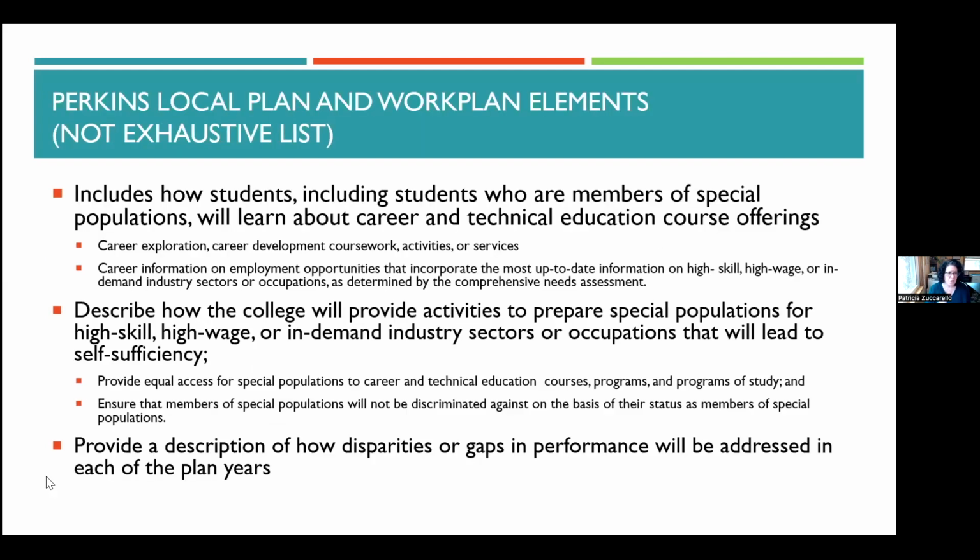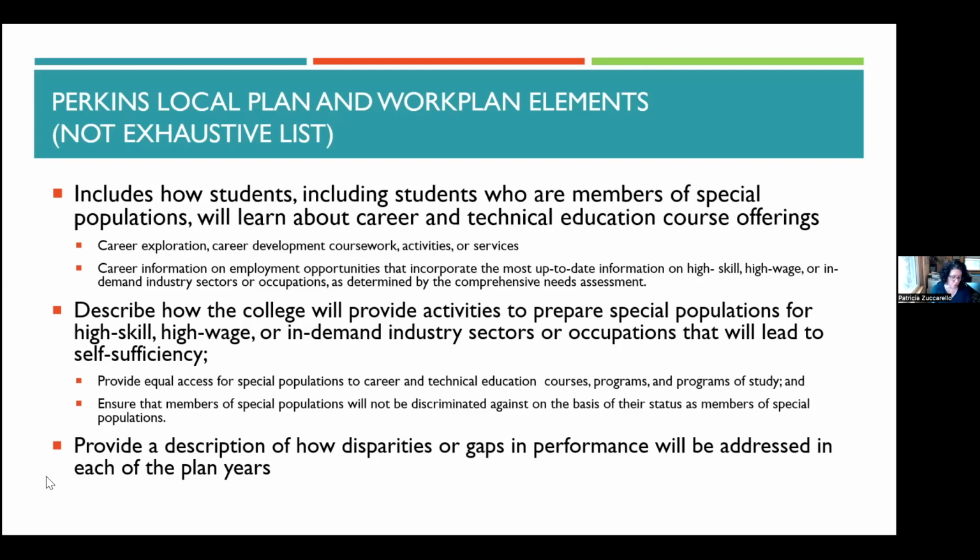And then these are just some of the typical moving parts inside the Perkins local plan and work plan. So as Janelle was talking about, the CTE folks at your schools are putting together these plans. ISB and ICCB put some curbs around that for us. So for ICCB, these are the pieces where we're looking at, how do the Perkins funded projects at your institution help students of special populations learn about career and technical course offerings, occupations that pay good wages?